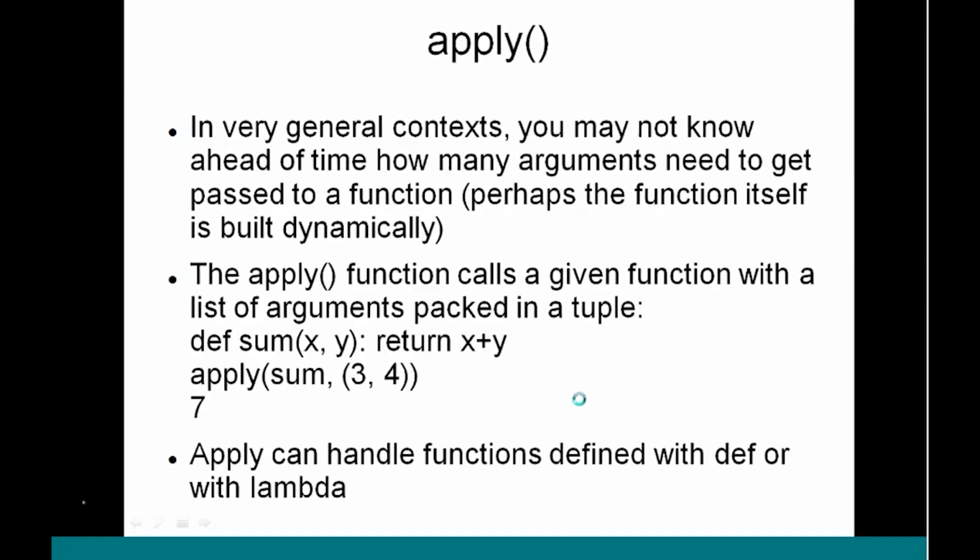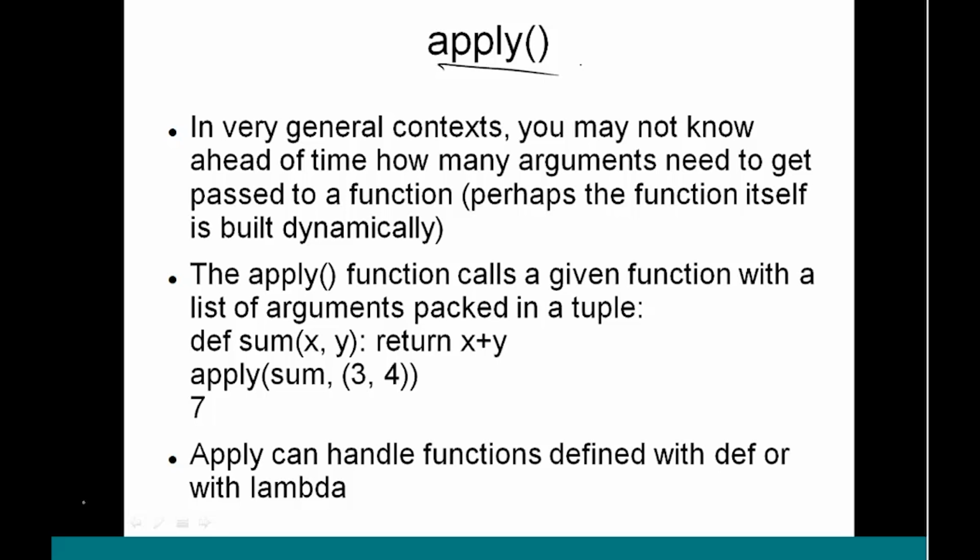Okay. So now we go into some more details and other functions. Here we talk about apply. In a very general context, you may not know ahead of time how many arguments need to get passed to a function.